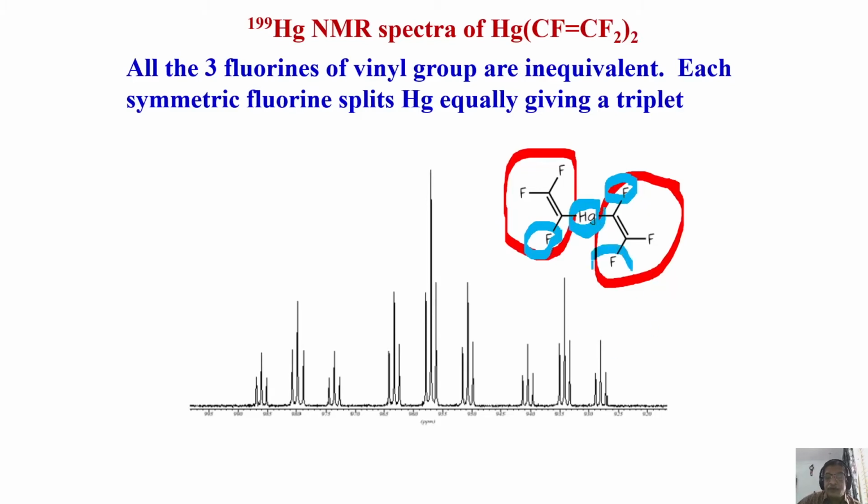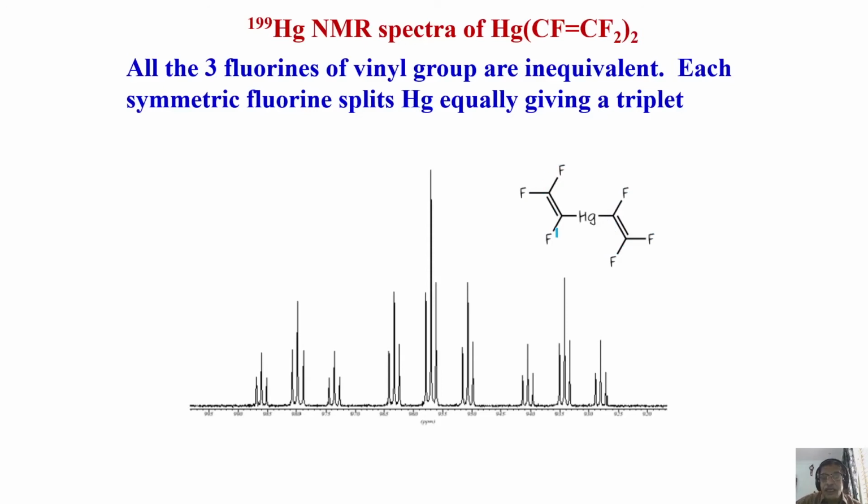Similarly, these 2 fluorines will split this mercury by the same amount because the coupling strength is the same. Similarly, these 2 fluorines coupled to this mercury again have the same strength. What I am trying to say is that each of these symmetric fluorines, which are chemically equivalent like this and this, couples to mercury by the same extent.